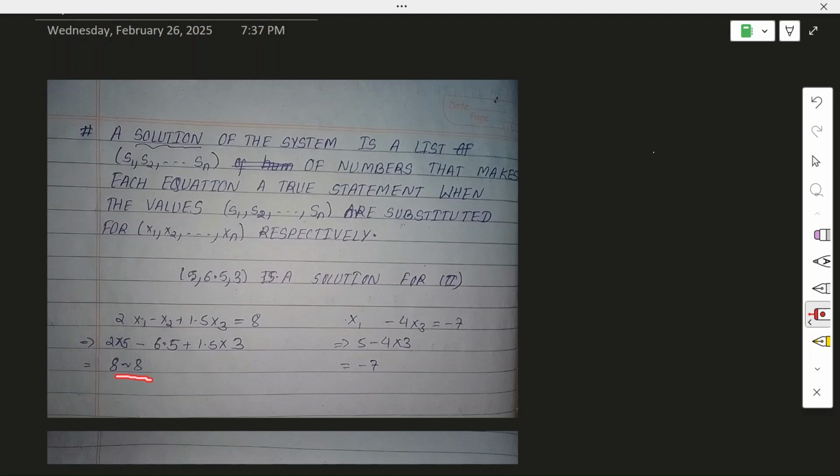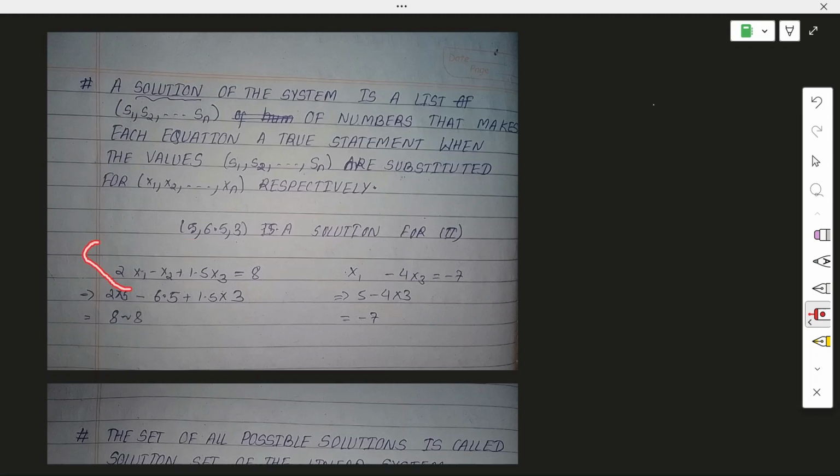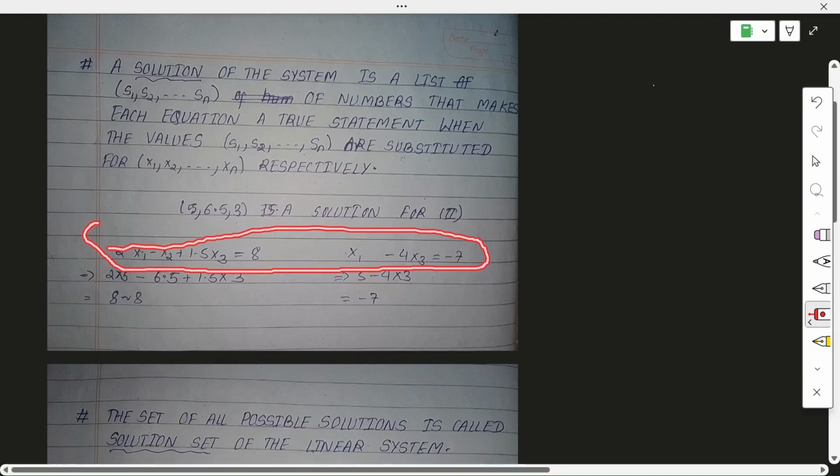Are we getting 8? Yes, it satisfies. For x1 minus 4x3 equals minus 7, here it is plus 0x2, so there is no x2, and minus 4x3 equals minus 7. Is it satisfied? Yes, so we can say they are the solution for these linear systems.